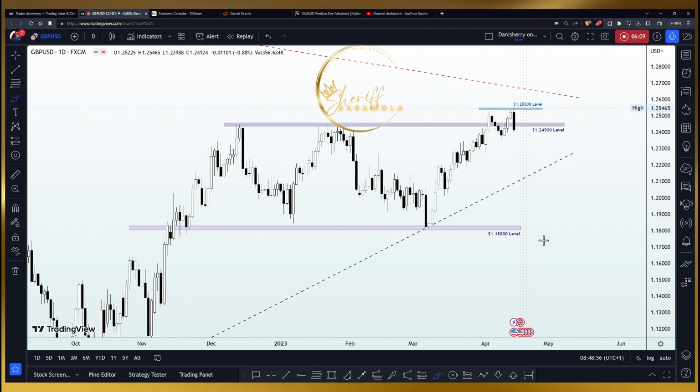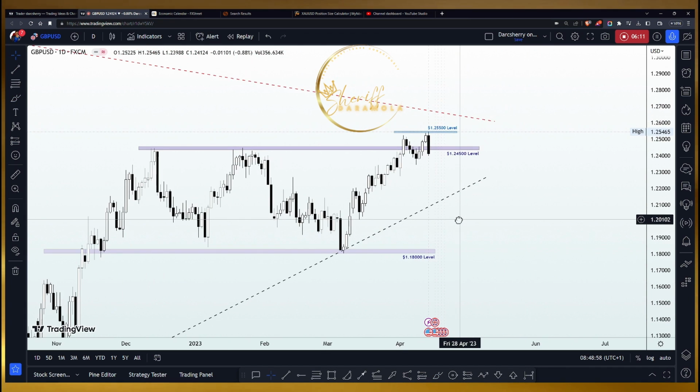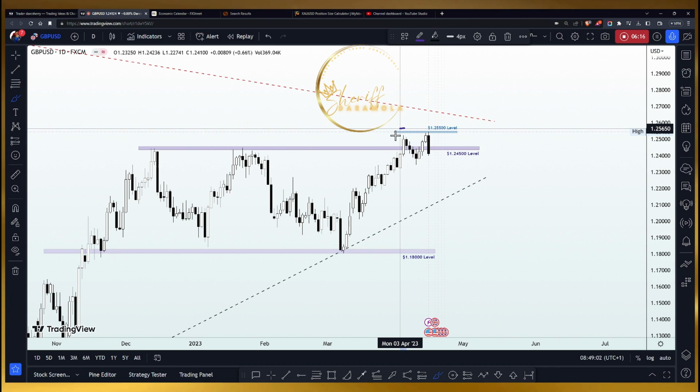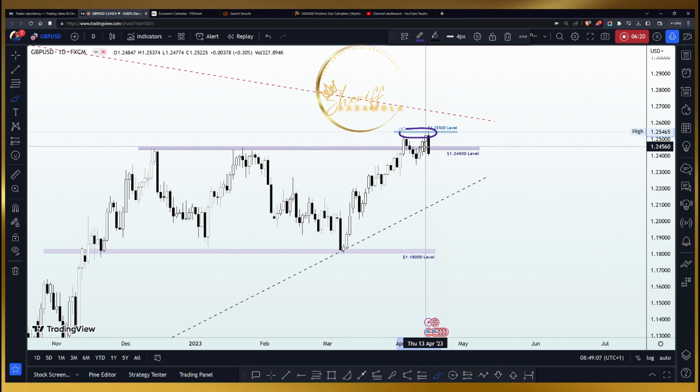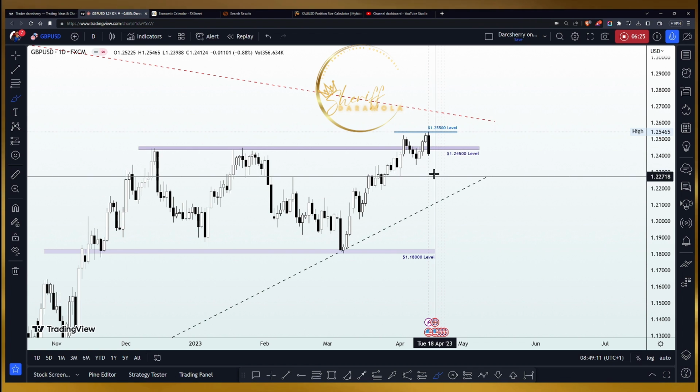And if we look closely into that structure, we can see that the highest point this year has been the 1.255, where we have double rejection, giving us something that looks more like a reversal pattern in the form of a double top structure.